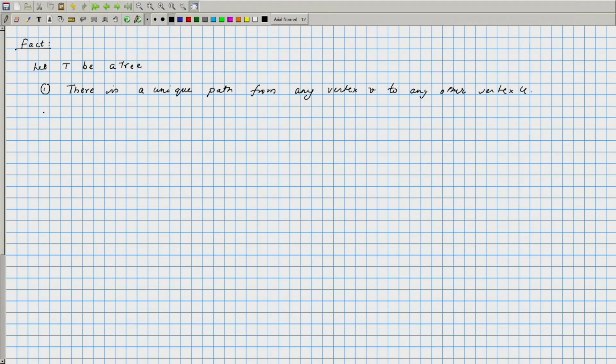So, choose 2 vertices, between those 2 vertices there is a unique path whenever the graph is a tree. We will prove all these facts.